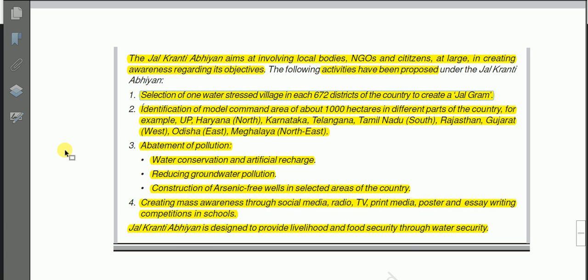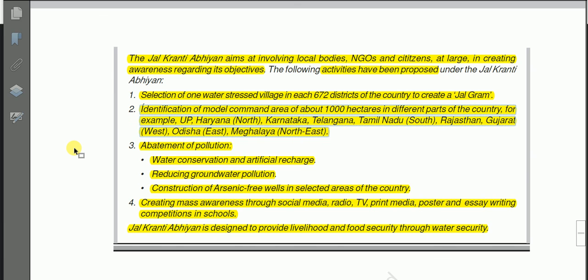Then number 2, identification of model command area of about 1000 hectares in different parts of the country. For example, Uttar Pradesh, Haryana in the northern part, then Karnataka, Telangana, Tamil Nadu in the southern part, Rajasthan, Gujarat in the western part, Orissa in the eastern part, Meghalaya in the northeast.